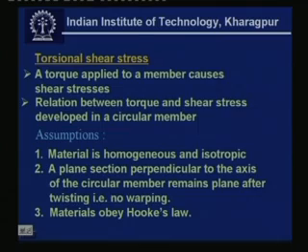Non-circular cross sections also can be equally modeled for this sort of relationship, but now we are considering the circular member where the torque and the shear stress relationship we are going to determine, which are very common in machine elements like shafts, bolts, nuts, etc., which could be under a torsional shear stress.